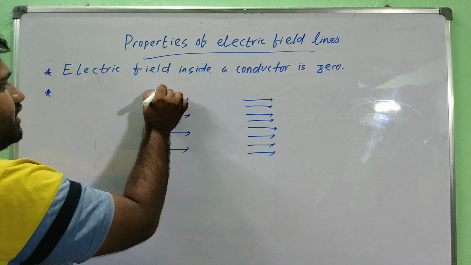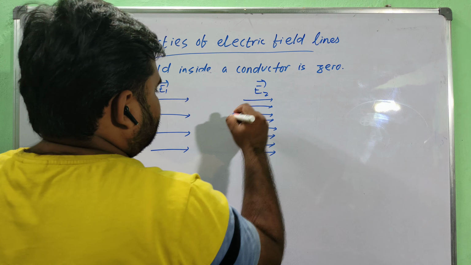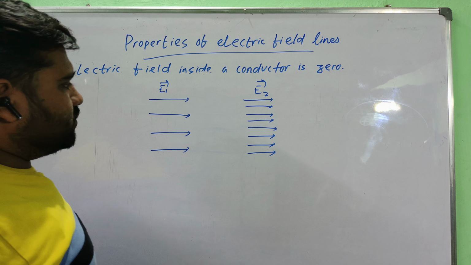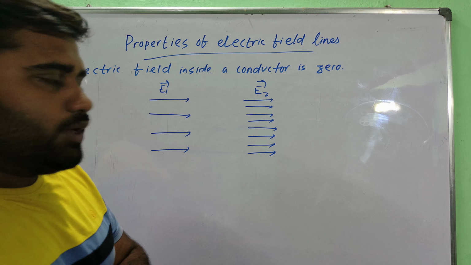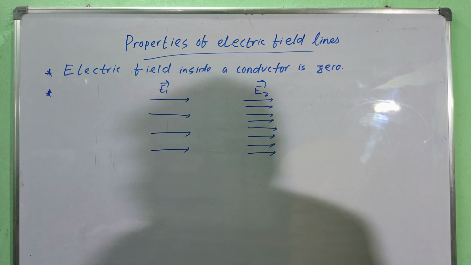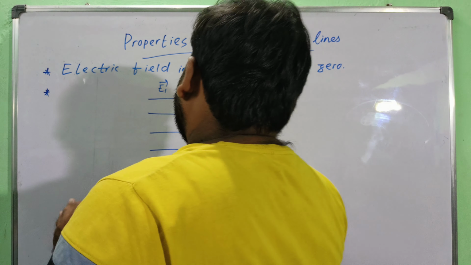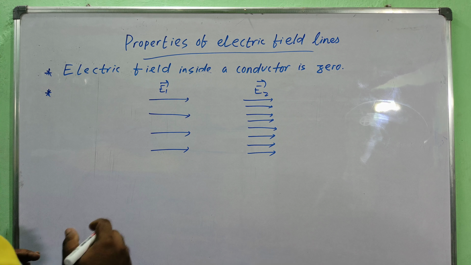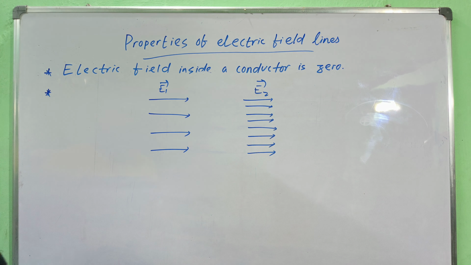This is E1 and this is E2. Both have electric field lines that are parallel to each other. These lines are parallel to each other, and these lines are also parallel to each other. So the question is, can you identify which electric field is stronger?